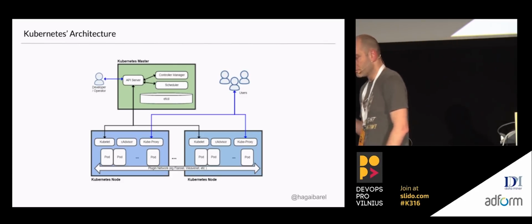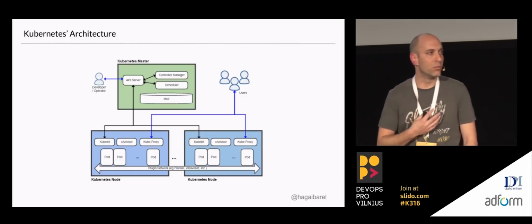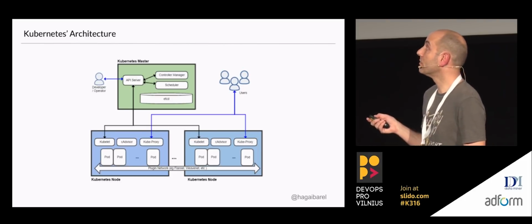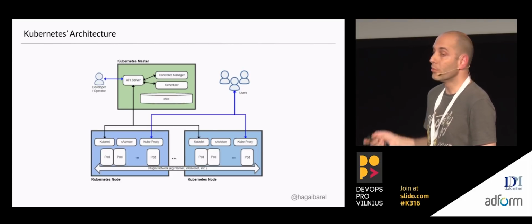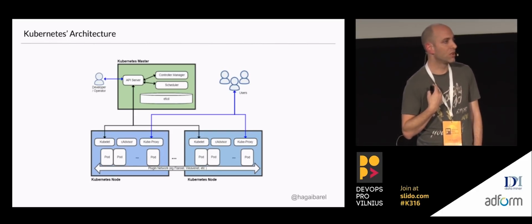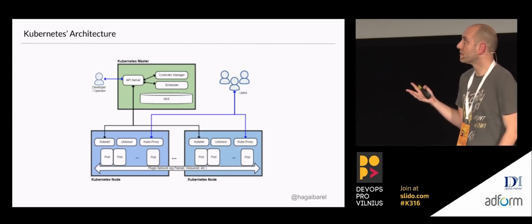Now the master naturally hosts all of the Kubernetes logic, the brain, the components that actually make the cluster tick and run. You have the API server, which basically is the entry point to the cluster. It receives requests from clients, from operators, let's say us. We want to create a new resource, we talk to the API server.